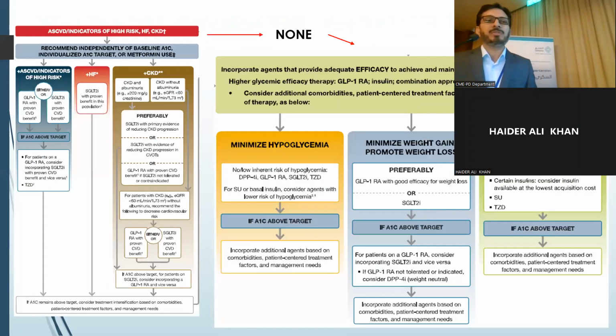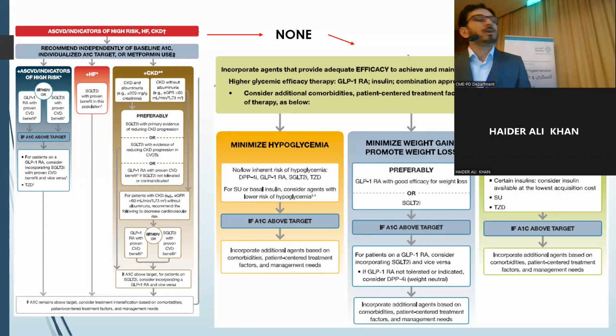This has already been mentioned: once the patient comes to you with diabetes and you have to choose a drug, whether the patient is on metformin or not, independent of his baseline HbA1c and individualized A1c target, if the patient has established atherosclerotic cardiovascular disease or indicators of high risk, this patient should be on a GLP-1 receptor agonist.